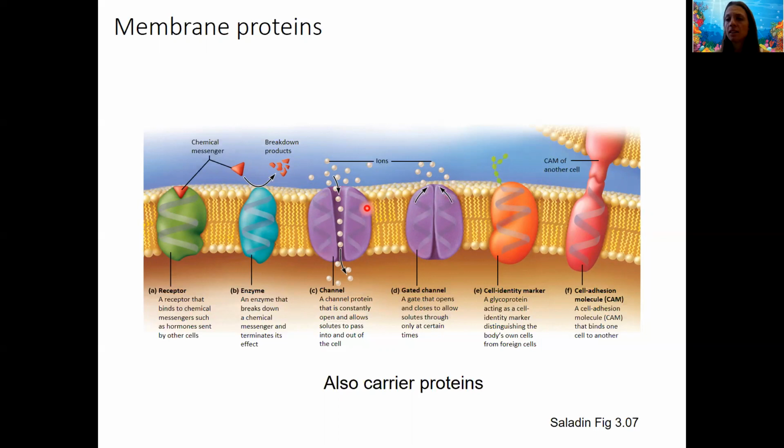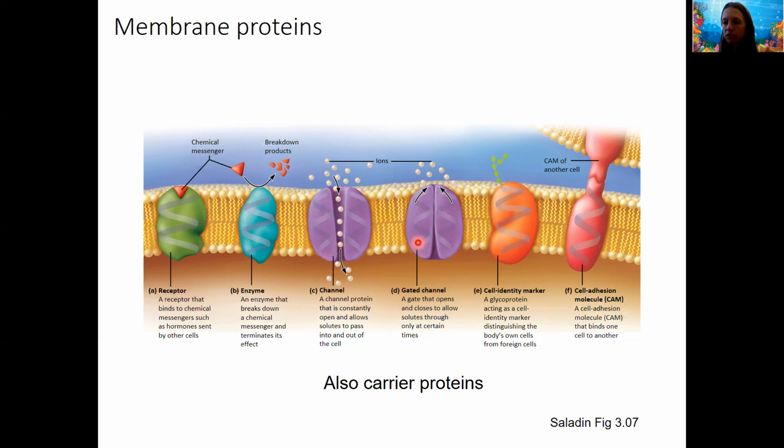They're non-gated, they're just open. They allow stuff to flow through if there's a gradient for it to flow through. Gated channels are sometimes closed, sometimes open. They require something to open, and we'll go into the types of stimuli that cause them to open later. So these are both channels, literally channels.